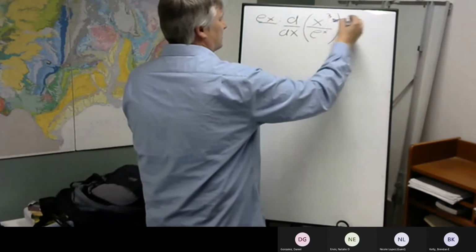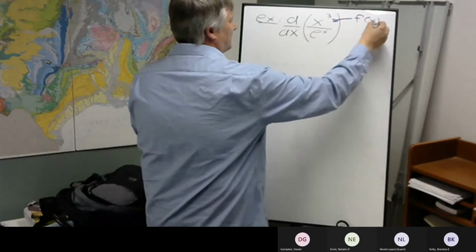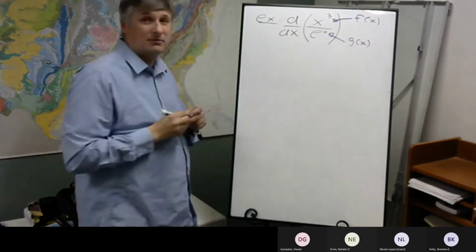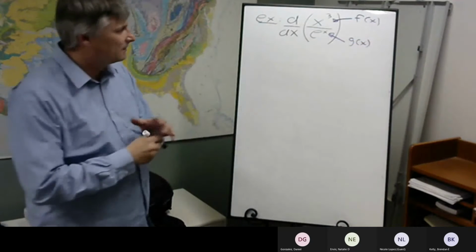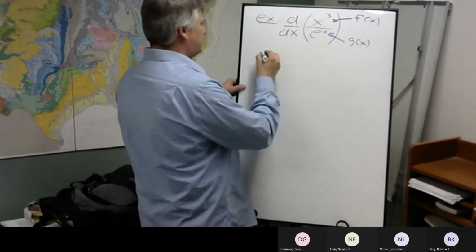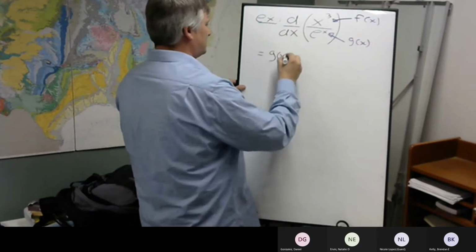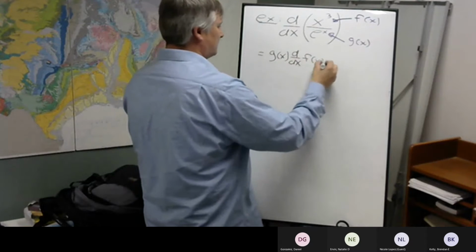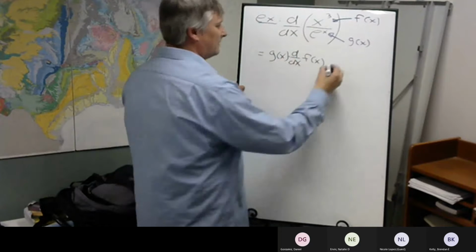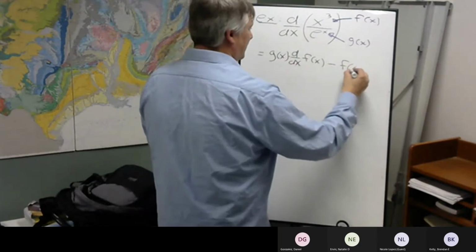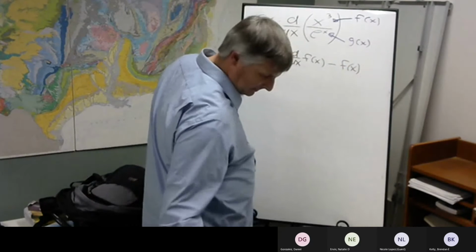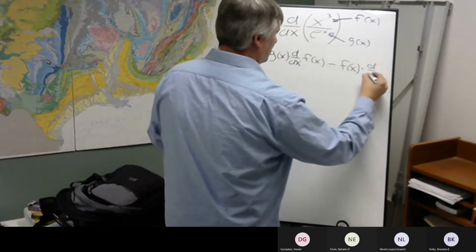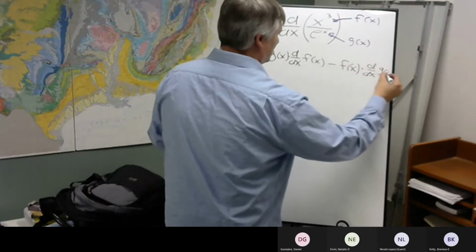Well, this is going to play the role of f of x, and this is the role of g of x. So again, we're going to have g of x, d dx of f of x, multiplication in here, minus f of x, let me check that again, derivative of g of x.